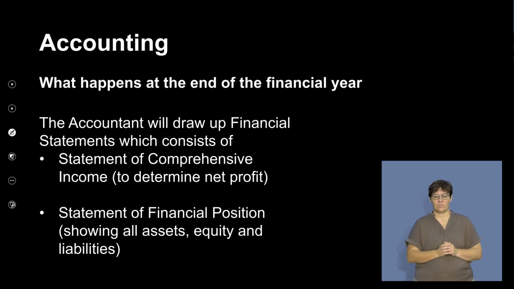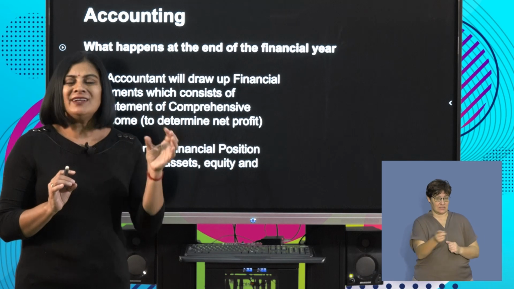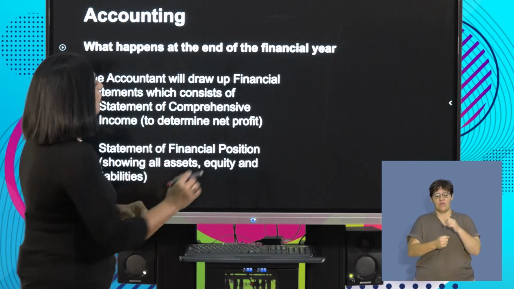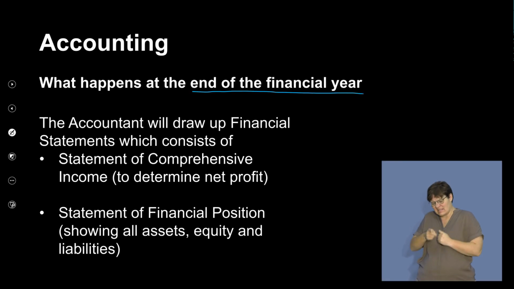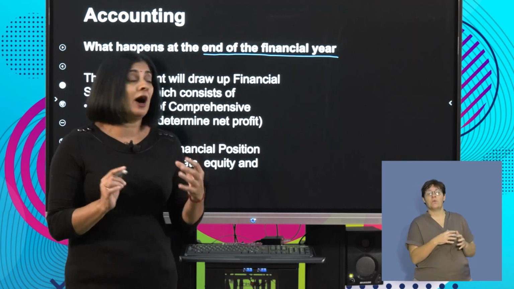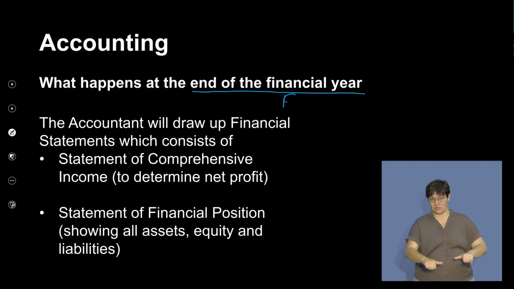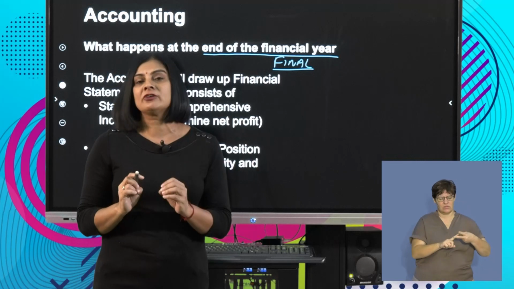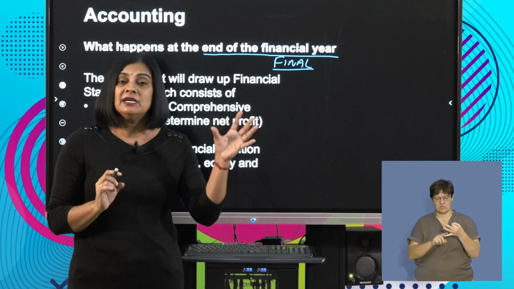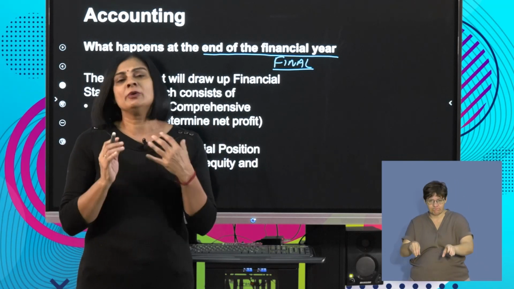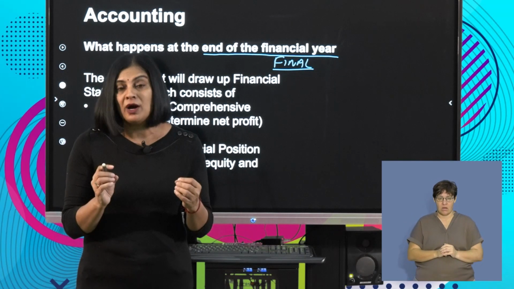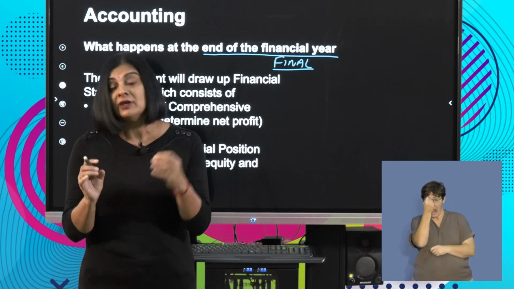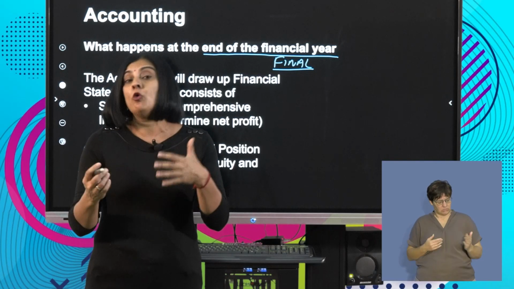As accounting students, what happens at the end of a financial year? From an accountant's perspective, we know we draw up final accounts. So in our general ledger, we draw up the trading account, the profit and loss account, as well as the appropriation account. But remember, not everyone understands ledgers, including perhaps the owner or the partners.